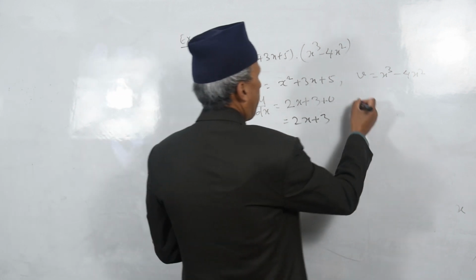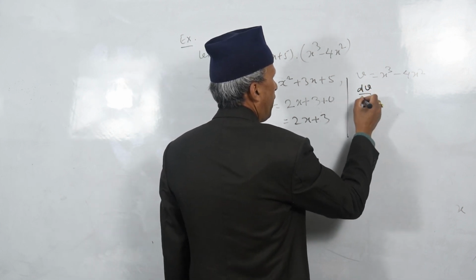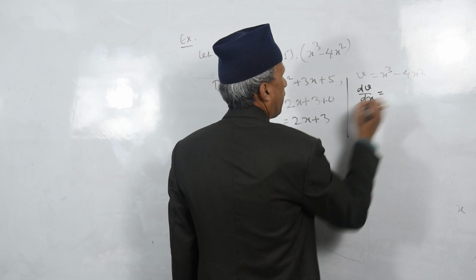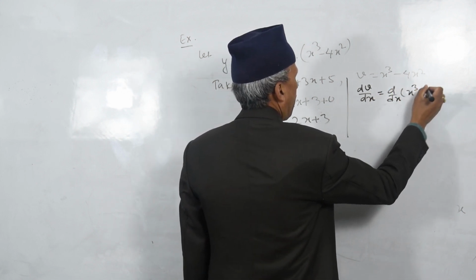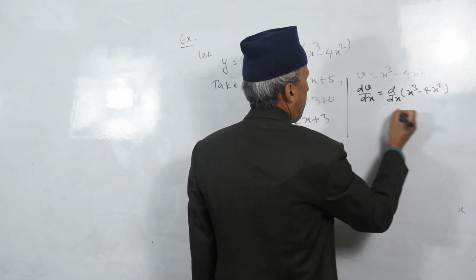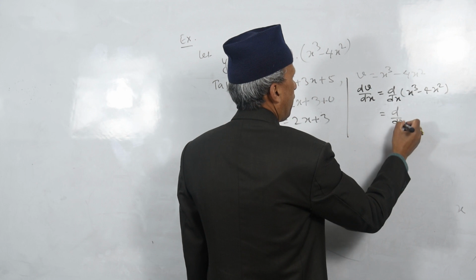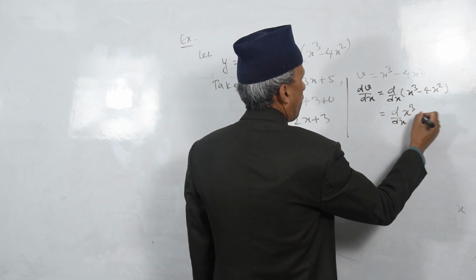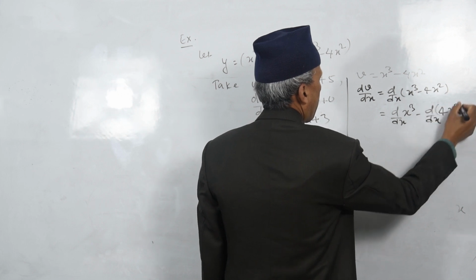And what is the value of the derivative of this v? dv by dx is equal to d by dx of x cube minus 4x square, which is equal to d by dx of x cube minus d by dx of 4x square.